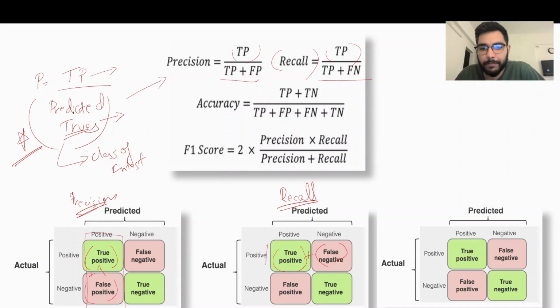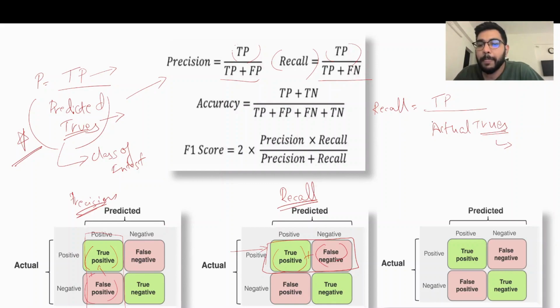This plus this. These two quadrants are being summed up over here. So what recall says is, recall is a ratio of true positives divided by the actual truths, or the actual class of interest, because we have the summation with respect to the actual positive classes.